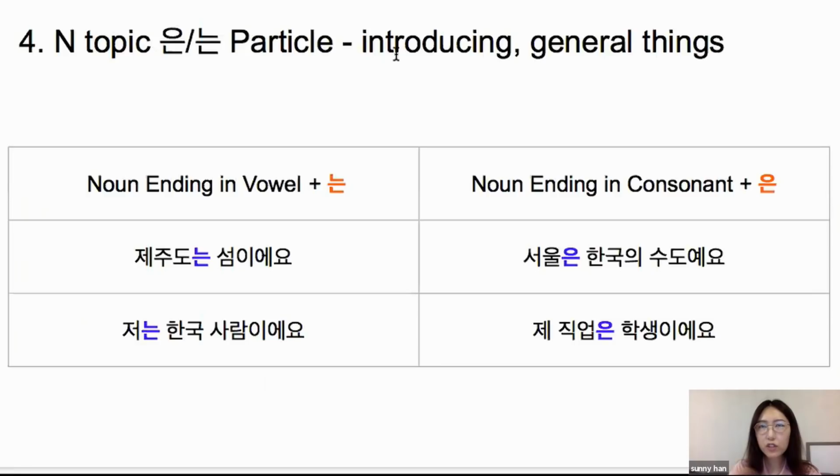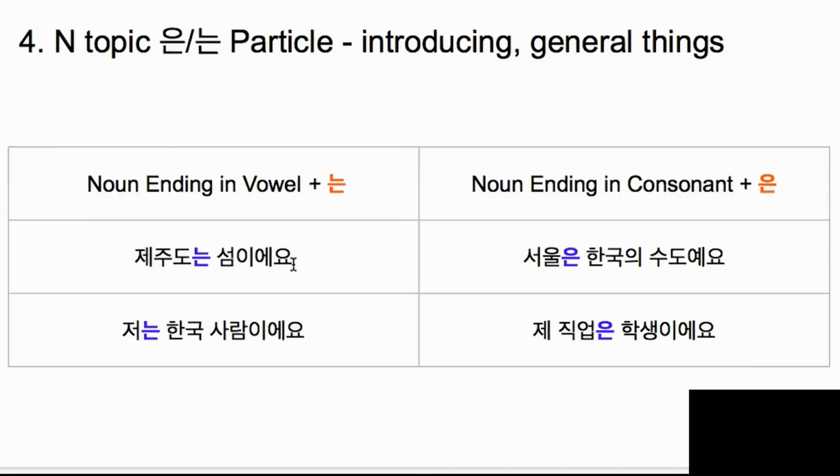그다음에 if you introduce yourself or we talk about the general things, we use 은는. So 제주도 is island. 제주도는 섬이에요.